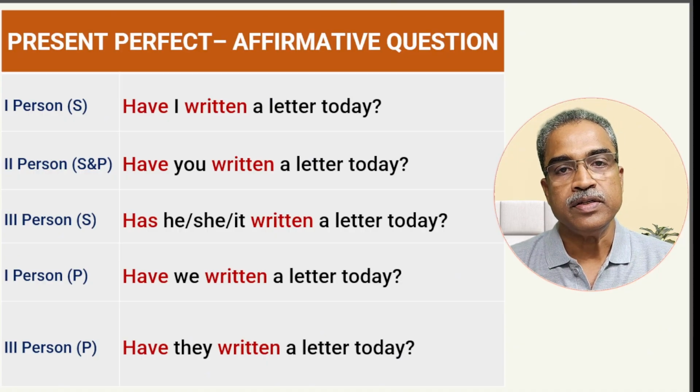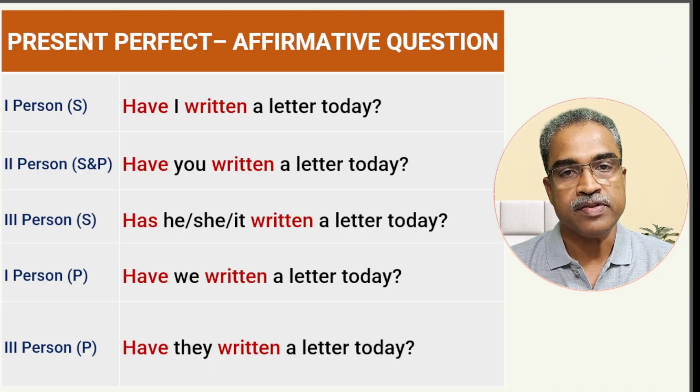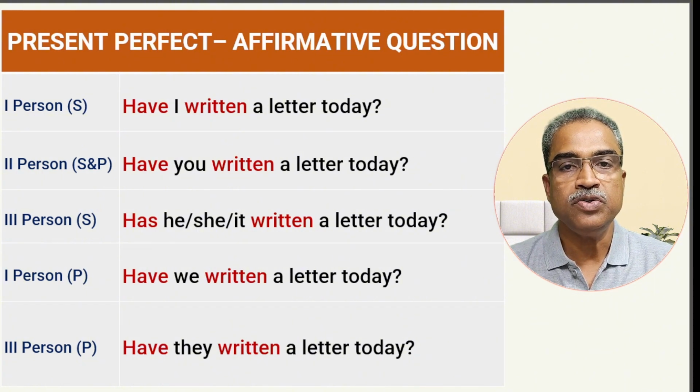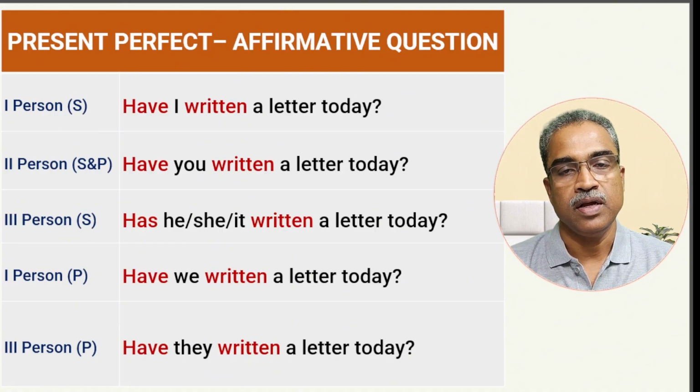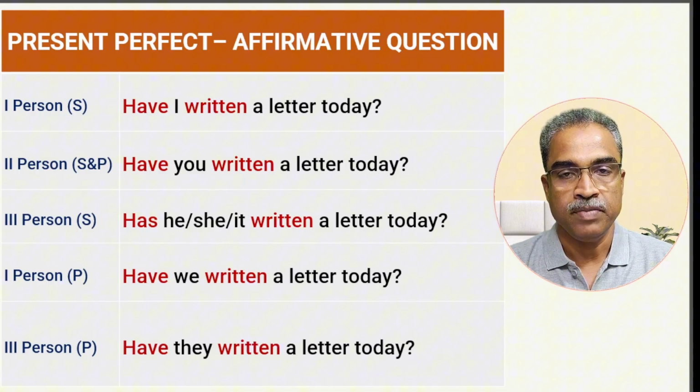Now, I just want to tell you something here. We learned simple present, simple past, simple future, present continuous, past continuous, future continuous, and now present perfect. I want you to understand one thing, that when we frame questions, we use the first auxiliary, then the subject. This is how we ask questions.